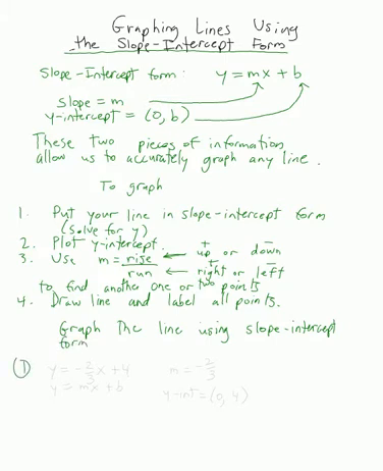So number 1, y equals negative 2/3 x plus 4. Remember our equation is y equals mx plus b, so this is already in the right form. So let's write down what we know. We know that the slope is negative 2/3, and the y-intercept is 0, 4.